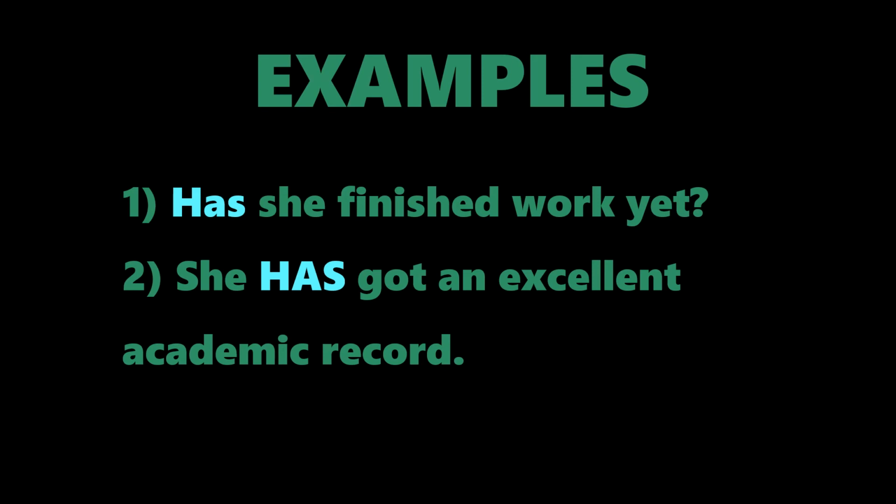So I would emphasize has by using the strong form, and that shows you when I say has, she has got an excellent academic record. I'm giving emphasis to that has. So that here would show that I'm trying to convince you. I'm underlining the presence of this excellent academic record.